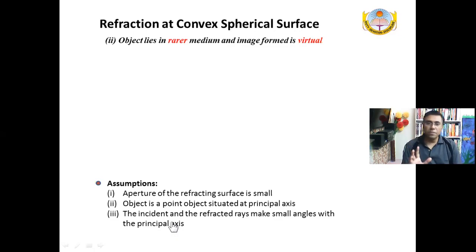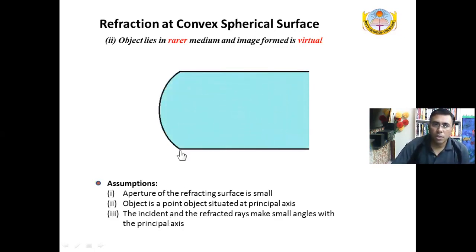The major difference is only in the ray diagram. You have to focus on making the correct ray diagram. If you have made a correct ray diagram, half of your problem has already been solved. You'll see that as we proceed further, what the major difference is between these different types of cases. So let's begin.